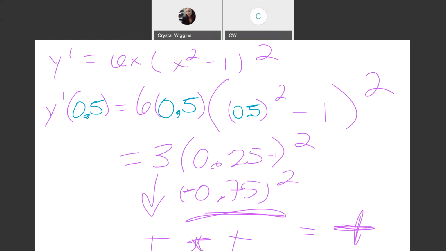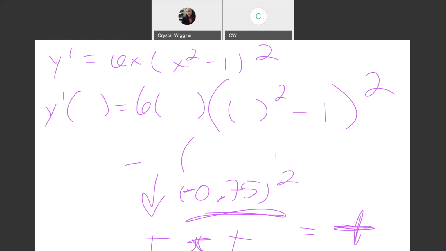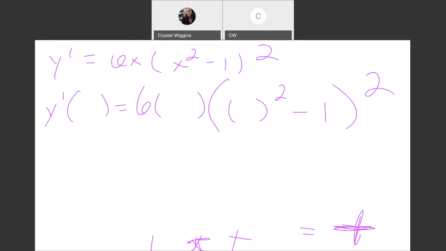Okay, lastly, we need to check our last test point of +2. That is a number bigger than our last critical value of 1 to determine what's happening to the right of our critical value of 1. Let's find out. So let's put in our last test point of 2 and calculate.